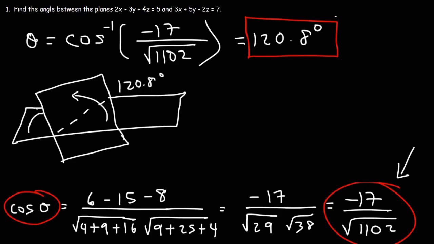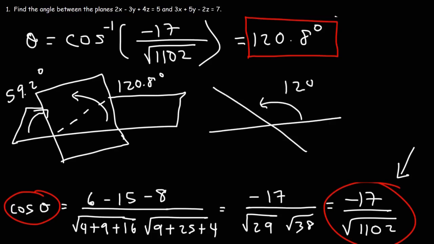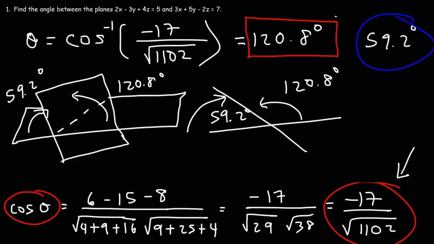We also have a smaller angle, which is going to be 180 minus 120.8, and that angle is going to be 59.2. Just think of the intersection of two lines. Actually, let me draw a line this way. So this angle would be 120.8, and this other acute angle is 59.2. So that's how we get two possible answers. So that's how you could find the angles between the two planes.